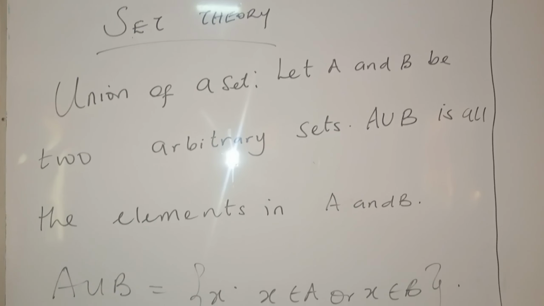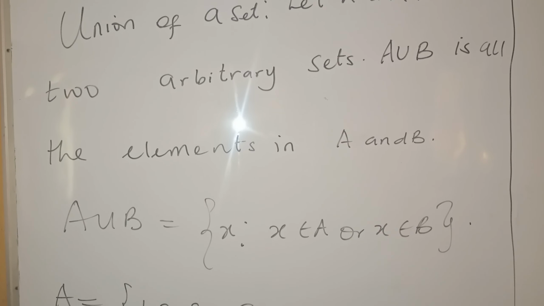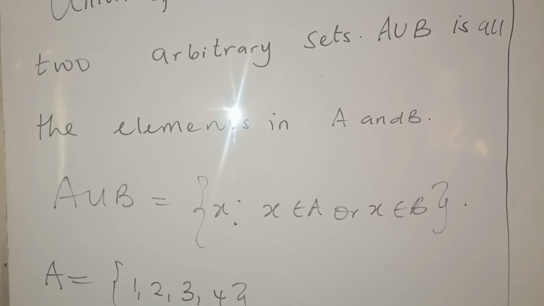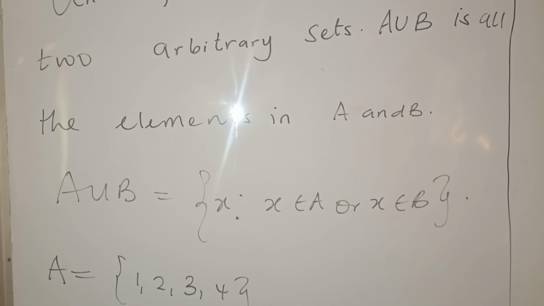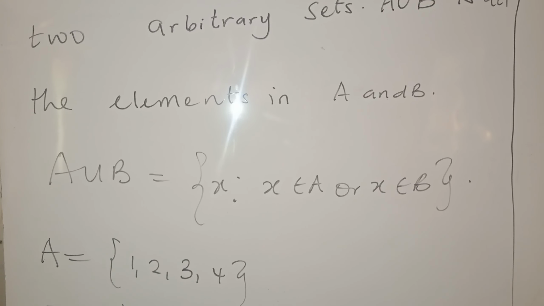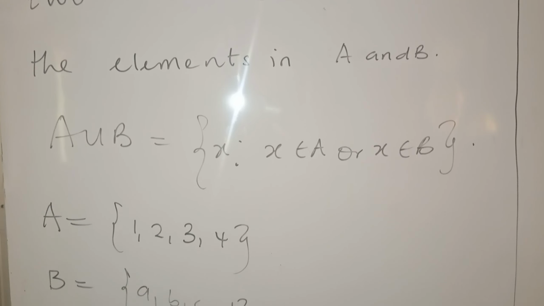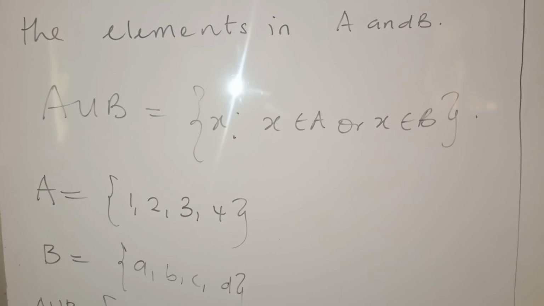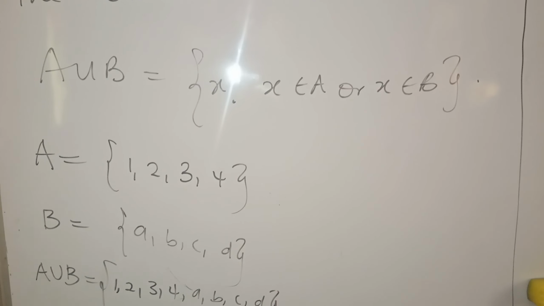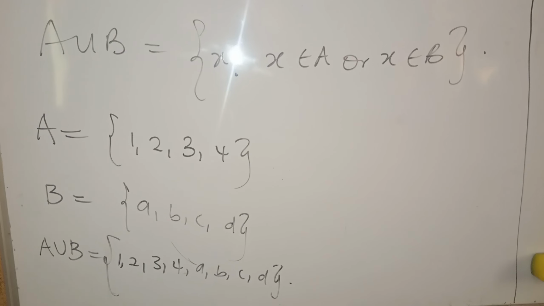A union B is the set of elements in A and B. A union B equals the set of S such that S is an element of A or S is an element of B. For example, A equals 1, 2, 3, 4 and B equals A, B, C, D. So A union B equals 1, 2, 3, 4, A, B, C, D.